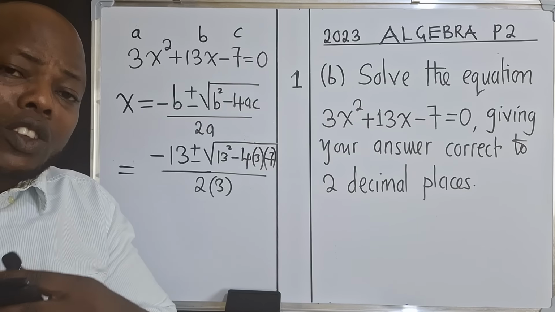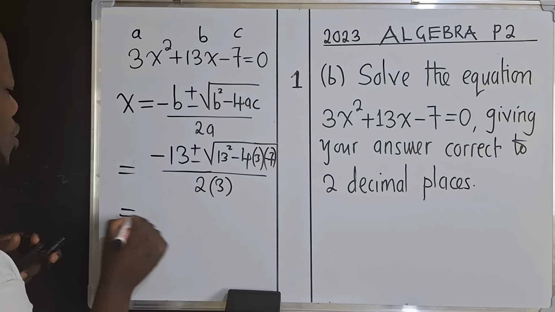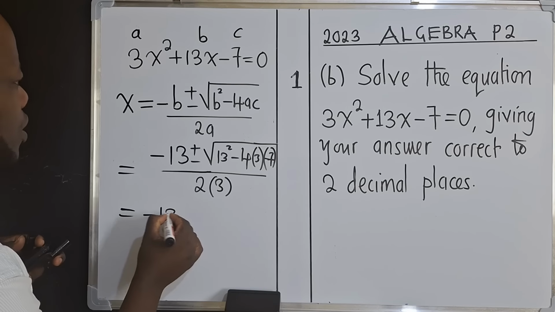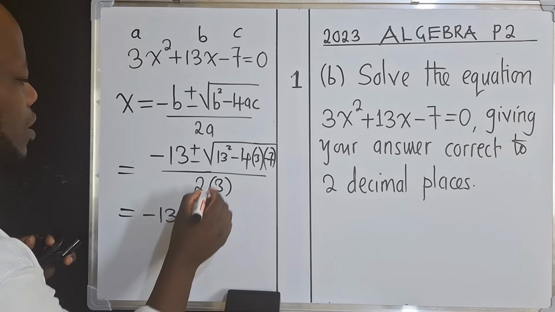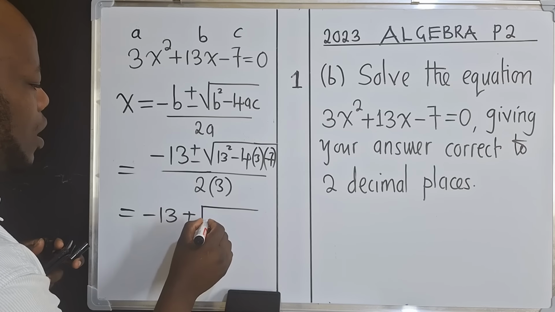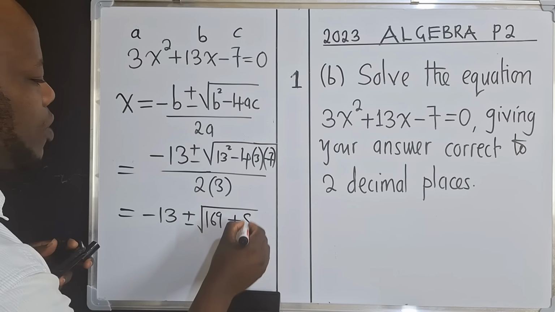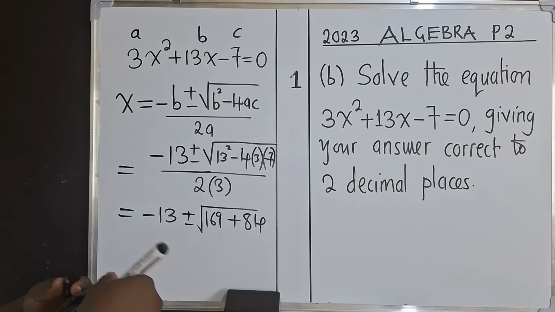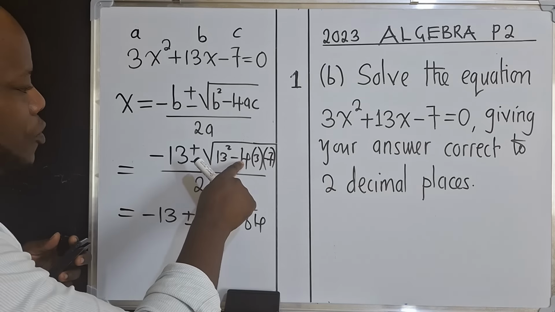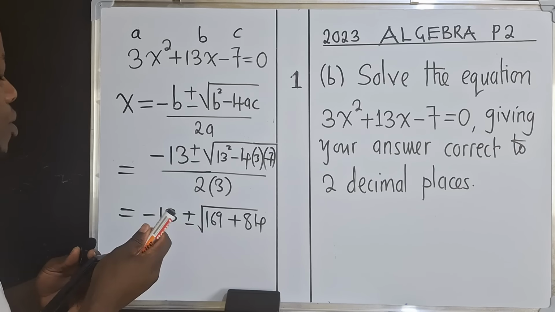So now from this stage, of course, we're going to say equal to negative 13 plus or minus the square root of 13 squared, that is 169, plus 84. Because when you say negative 4 times 3 times negative 7, it will give us 84.